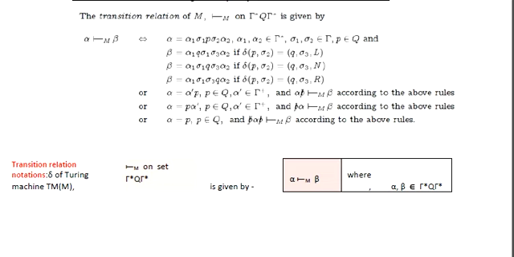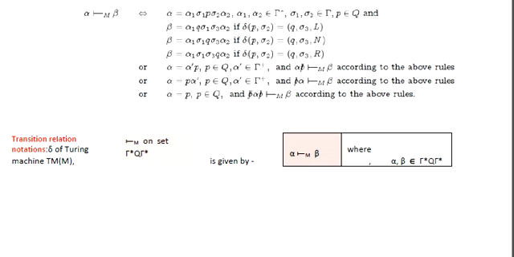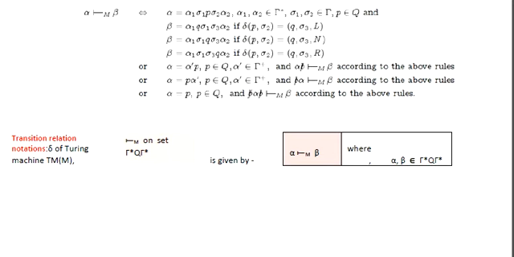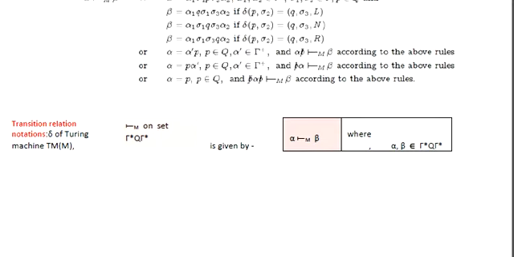The last one is the right movement, so the q will stay after changing the symbol to sigma 3. Now we have some special cases also, that is if we are using the blank symbol, then we will use gamma plus. These are special cases. I would not like to explain them now.